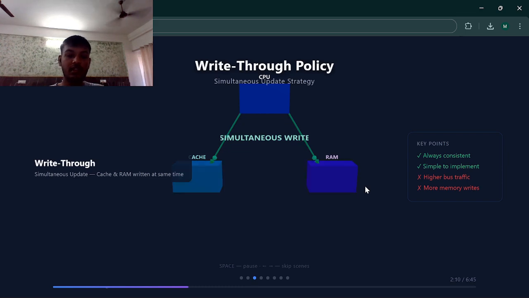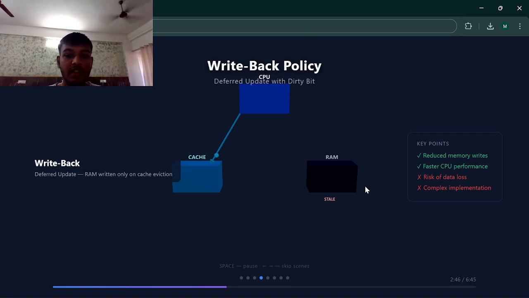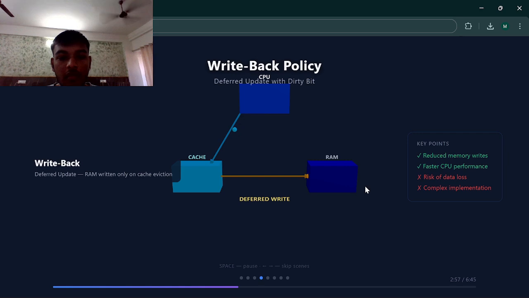Moving toward the next topic, it is the write back policy. As you can see, data is written only to cache first. The cache marks data using a dirty bit, indicating it has been modified. Meanwhile, RAM still holds the outdated or stale data, like not the latest data. RAM is updated only when the cache block is replaced. The updated data is written back to the memory.